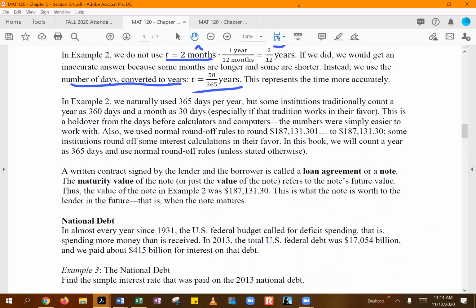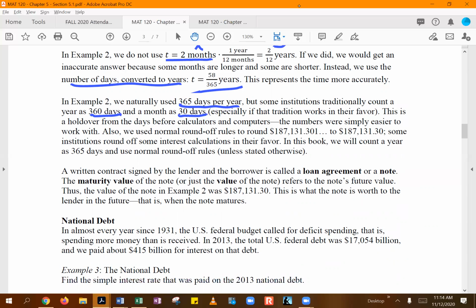Now, normally what happens is some business institutions will actually use 360 days per year instead of 365 days. And for months, just to keep it even across the board, they will say, let's just use 30 days for a month. So they're not taking into consideration the 31 days for some months, or 28 to 29 days for February.